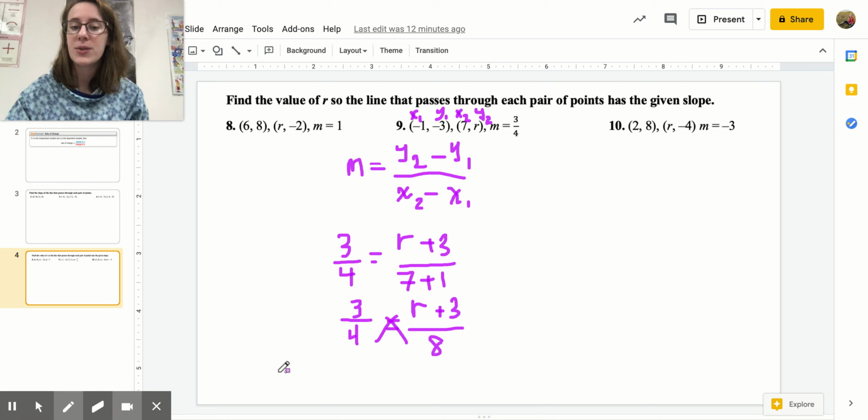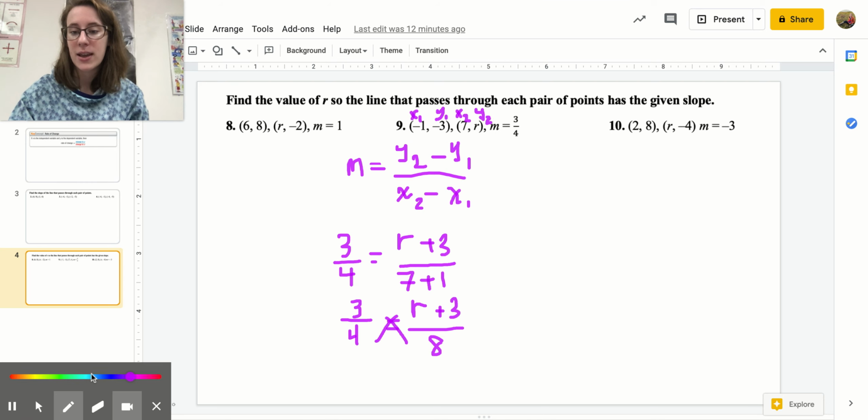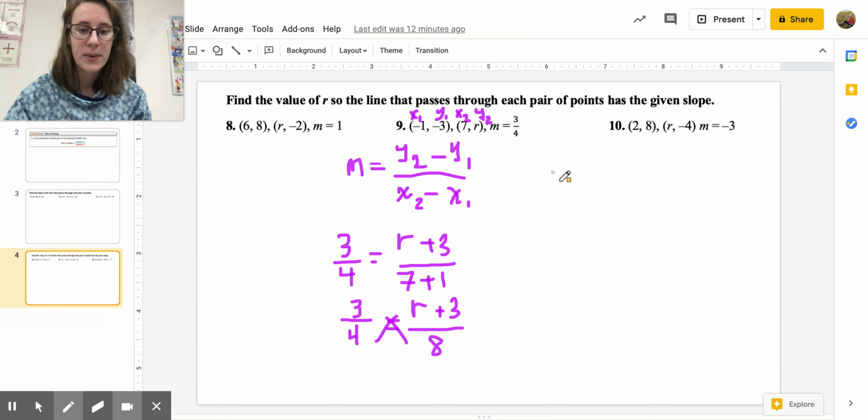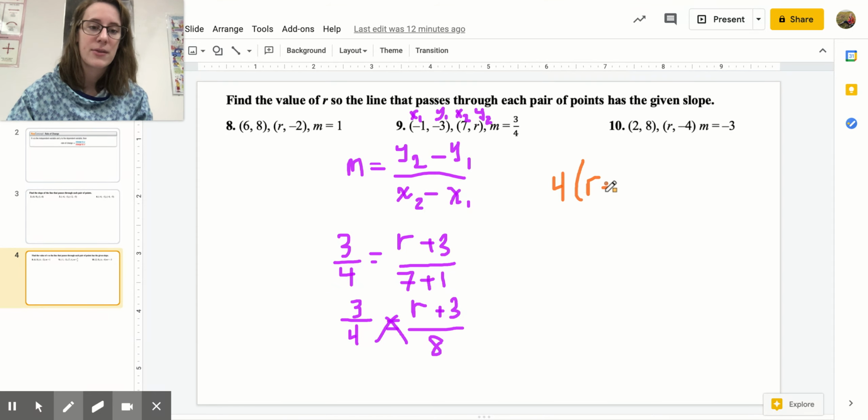So you're going to do 4 times r plus 3 and 3 times 8. I'm just switching colors just so you can see. So 4 times r plus 3. I'm not going to multiply or distribute it out because remember there is an easier way to do that. Then you have that equal to 3 times 8, which is 24.